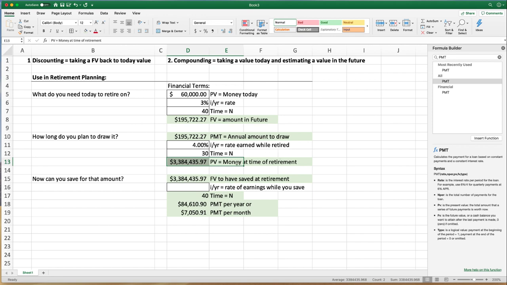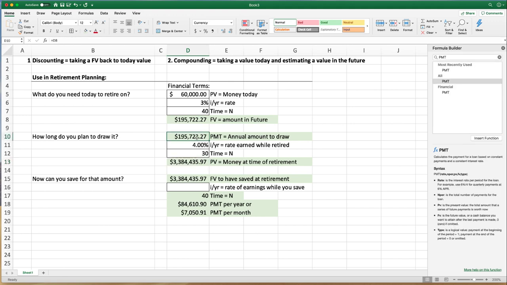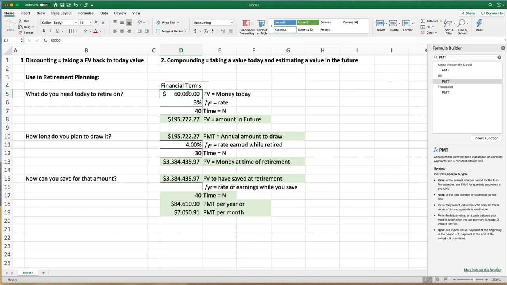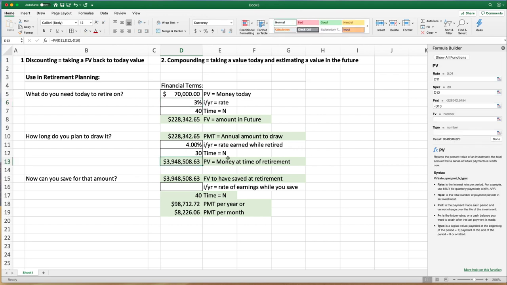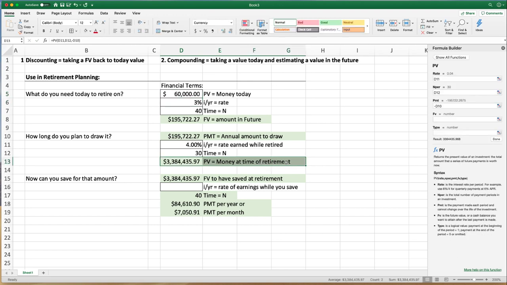That amount of money, the nearly $4 million, is going to give you $195,000 a year, which is like living on $60,000 today. So back up here, you weren't too flush at this. If we change that to $70,000, then you're going to need nearly $4 million. So you can see how this kind of escalates up. Let's go back to $60,000 and leave that there. All right. That's the amount of money I need.